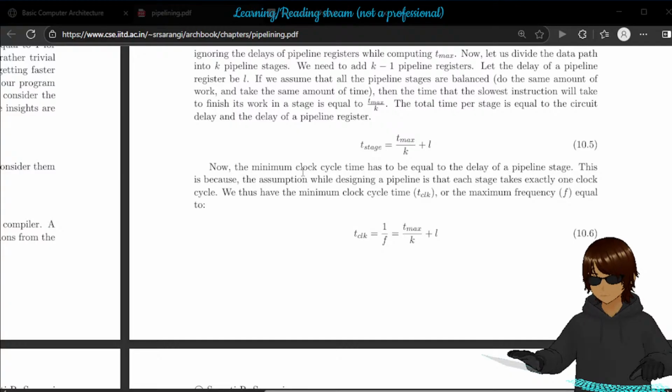Now the minimum clock cycle time has to be equal to the delay of a pipeline stage. This is because the assumption while designing a pipeline is that each stage takes exactly 1 clock cycle.